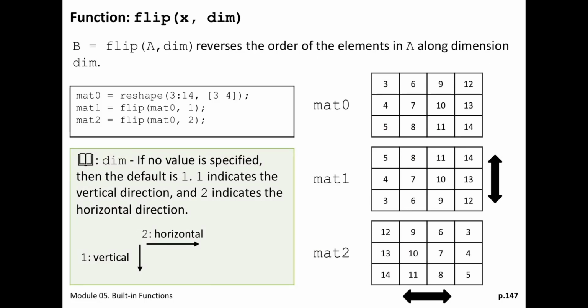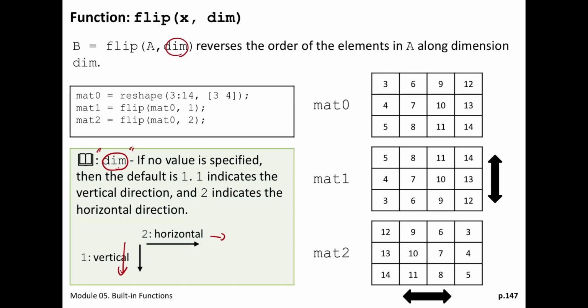The flip is to reverse the order of elements in A, the input matrix, along the dimension. The flip does different operations depending on this second argument, the dimension argument. 1 indicates the vertical direction, 2 indicates the horizontal direction. This dim input argument is very common and very important, because this syntax is frequently used in MATLAB.